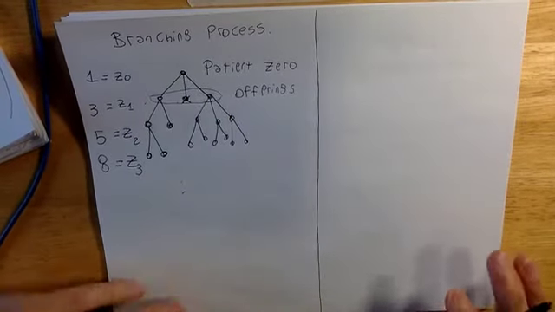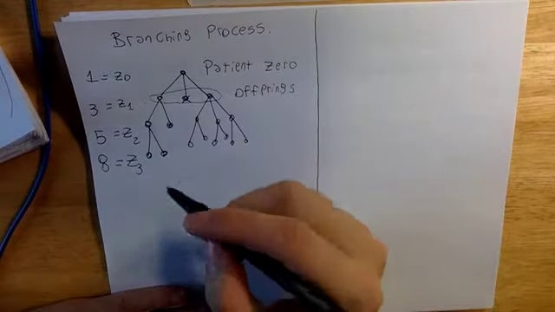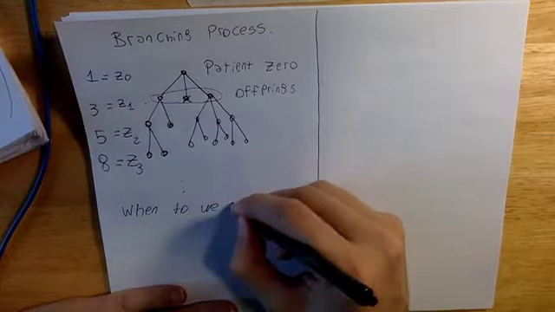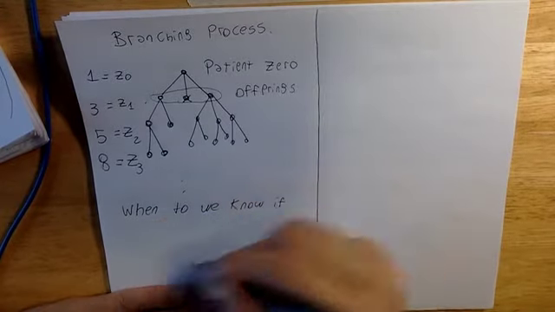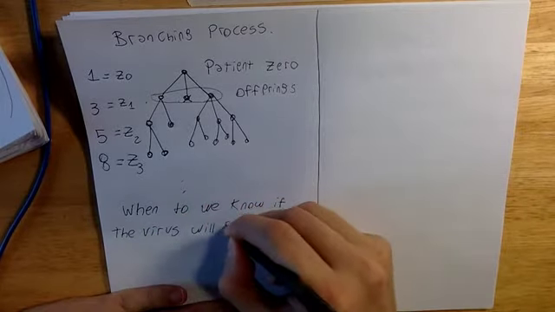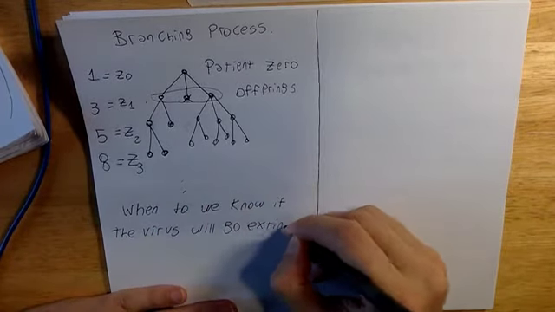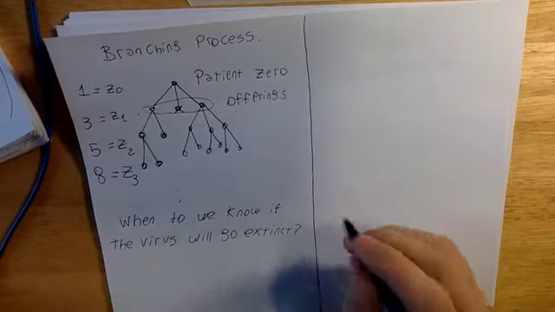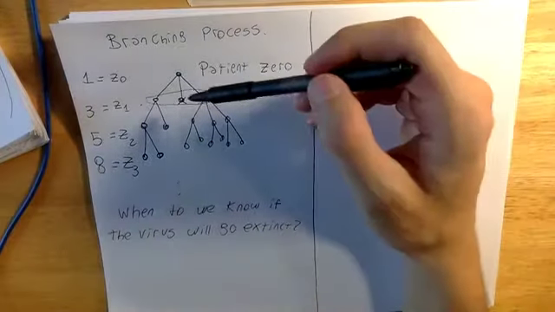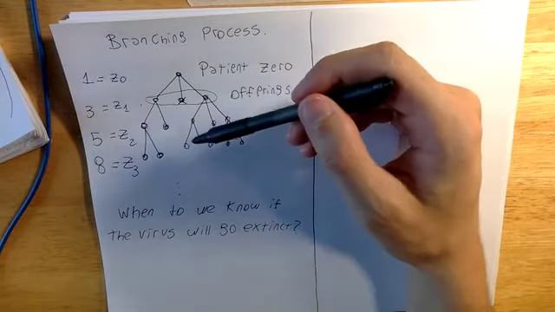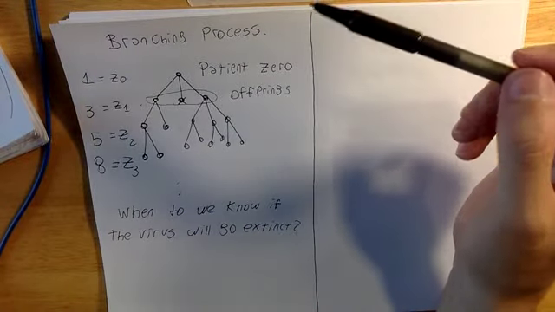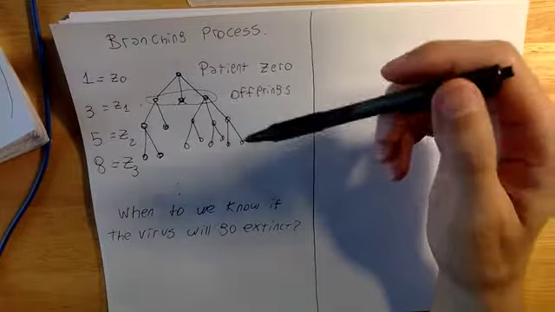Then we're going to ask a couple of questions. When do we know if the virus will go extinct? This is one of the questions happening now in Brazil. There is a growing population, but could it be that eventually, randomly, this virus disappears? And what is the probability that the virus will disappear?